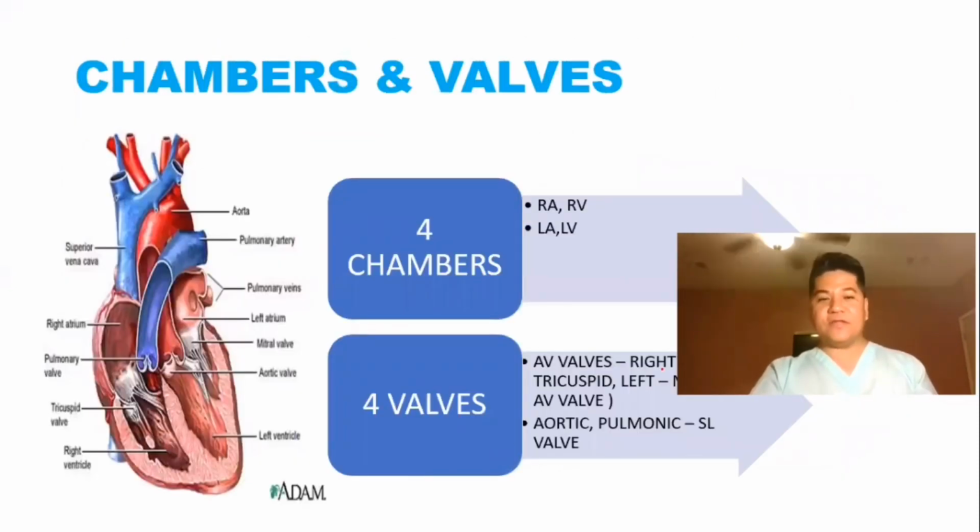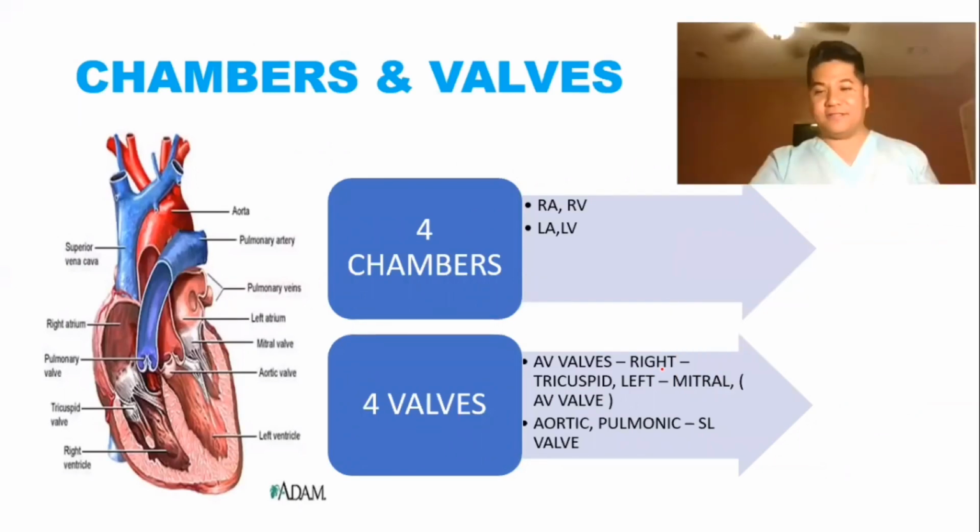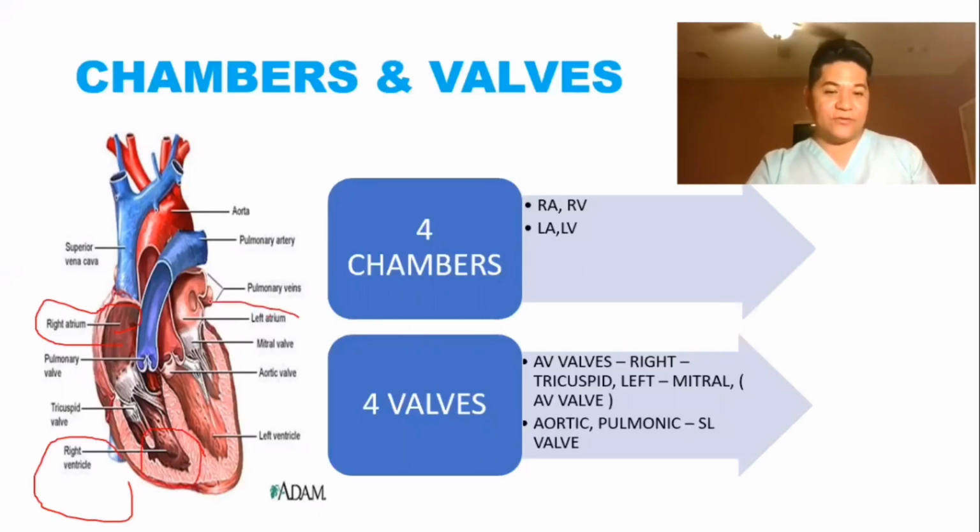Now, chambers of the heart and the valves. Chambers are where the blood is received by the heart. It has 4 chambers: your right atrium is here, your right ventricle is here, then your left atrium, which is here, and your left ventricle, which is here.